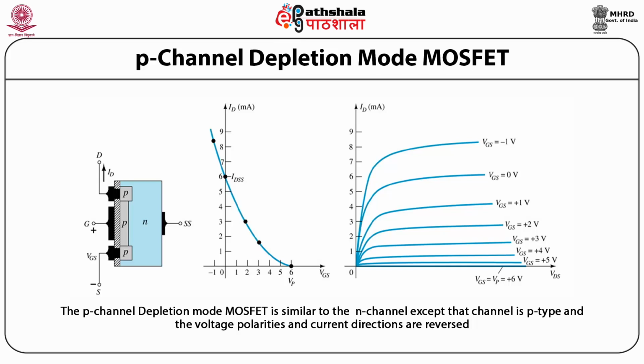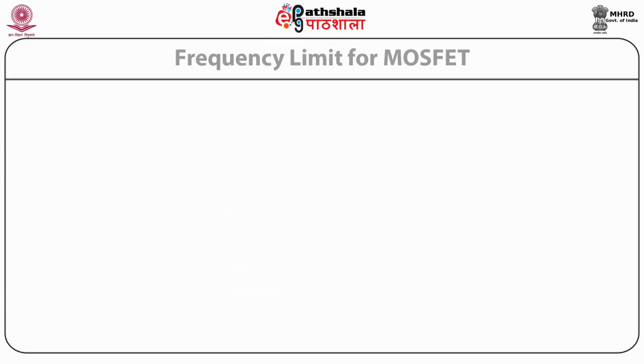As you can see from these characteristic curves, ID is positive for positive VGS, and here also VGS is a positive quantity and ID shows a similar variation with VDS as that of the N-channel enhancement mode MOSFET or N-channel depletion mode MOSFET.